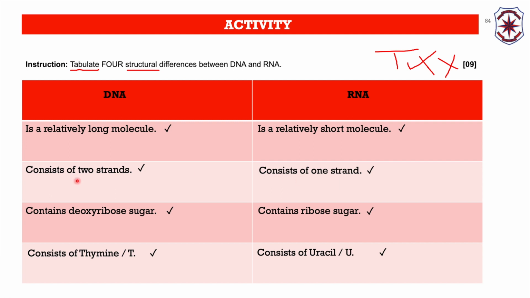So do not say RNA does not consist of 2 strands. You must say RNA consists of 1 strand. Same goes here. When you say DNA consists of deoxyribose sugar, do not say RNA does not consist of deoxyribose sugar. Rather say RNA consists of ribose sugar. Don't tell us what it does not have. Tell us what it does have.